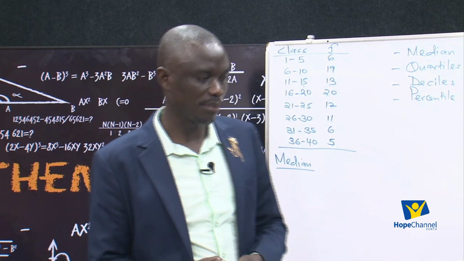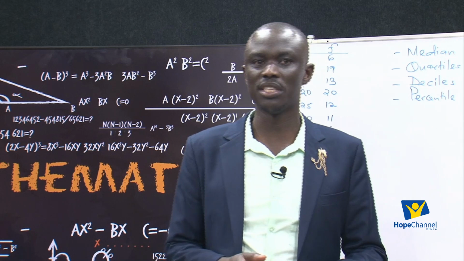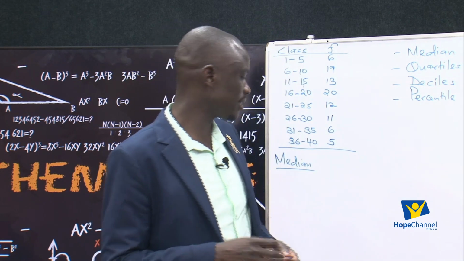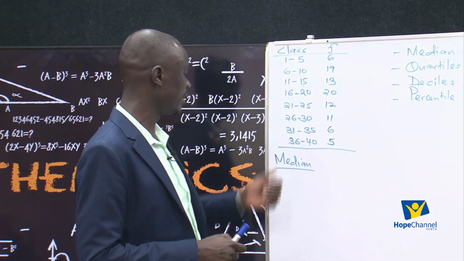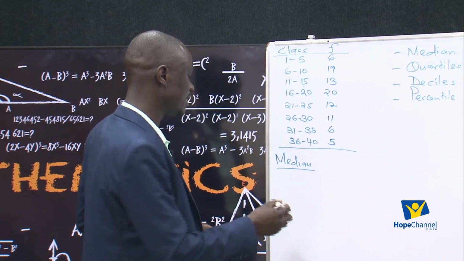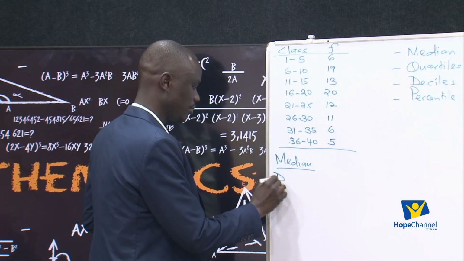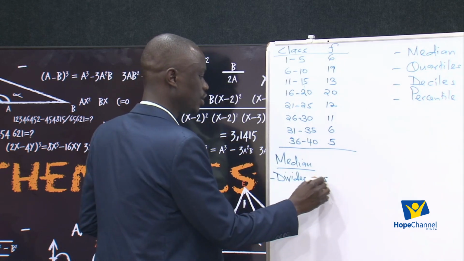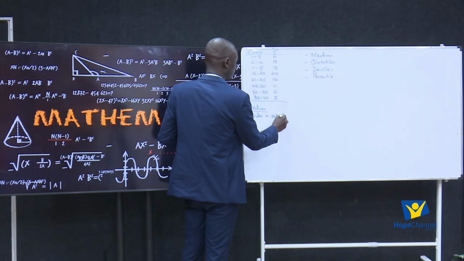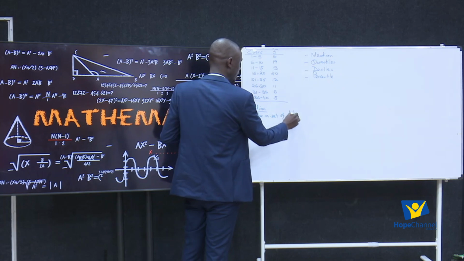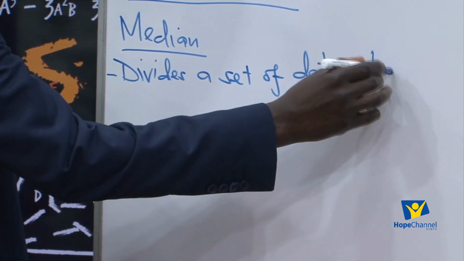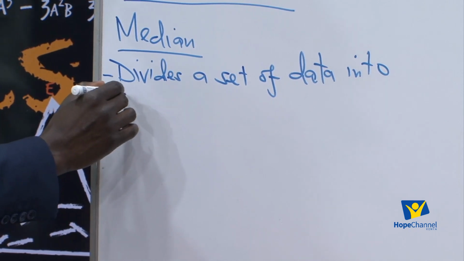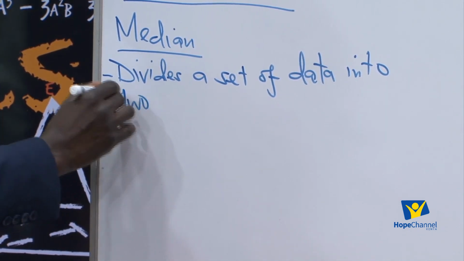Some people always call it medium. Actually, it is not medium, it is the median. The median divides a set of data into two equal parts.